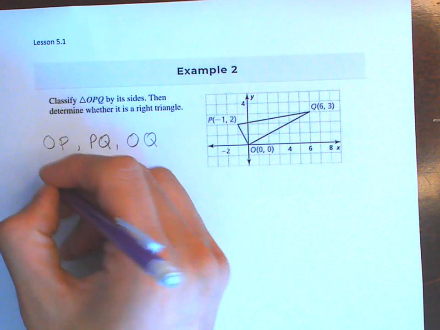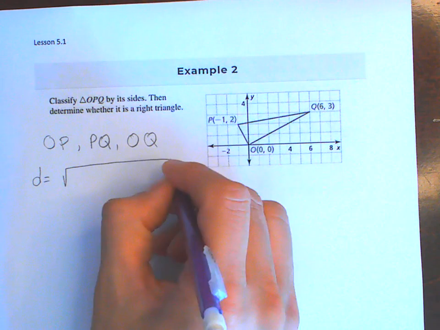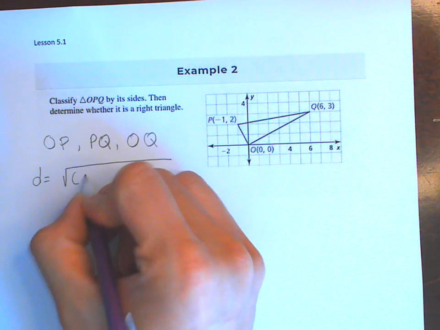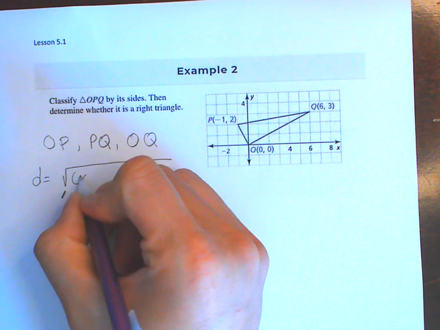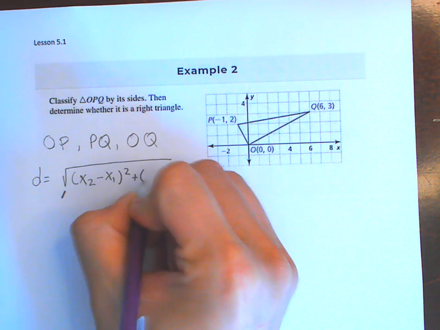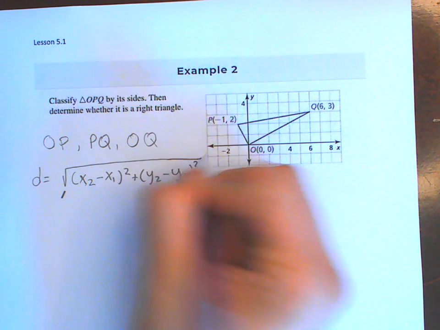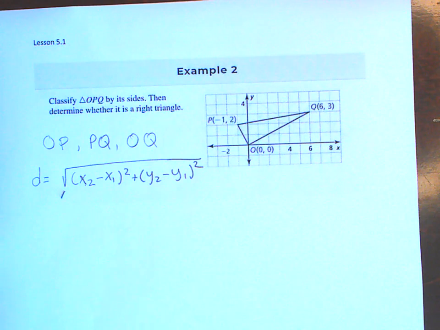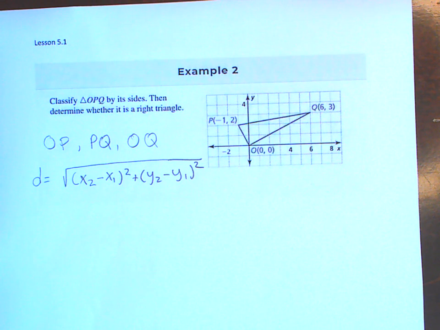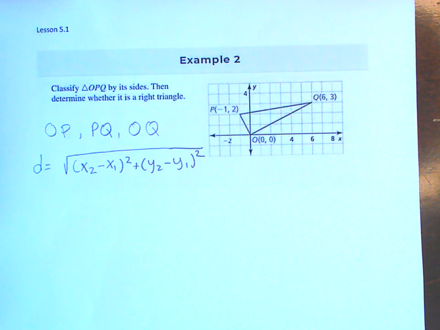So if you don't recall the distance formula, it's going to look something like this. It's nothing new. We have done this before. That's the distance formula. Okay, so we're going to use that in order to figure out the distances.